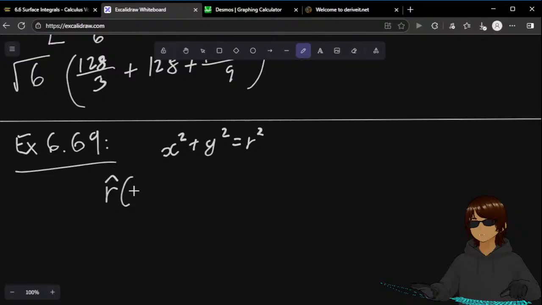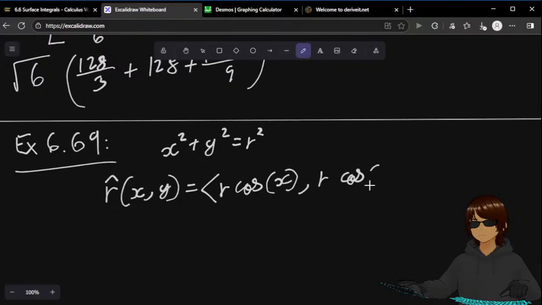I will draw a sketch here. x, y is the radius r cos, and z goes from 0 to h.